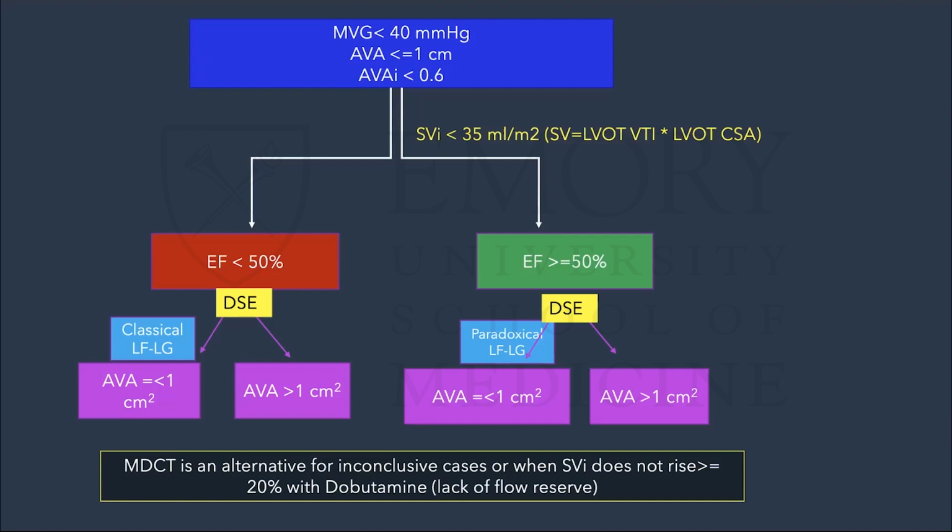And those with preserved EF: there's a group of patients who tend to have a small ventricle and low stroke volume but a preserved EF. These patients could also be assessed for paradoxical low flow, low gradient, which is slightly different than the classical. The only difference is that the EF is preserved.